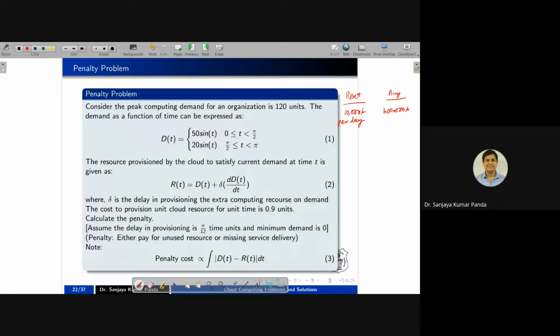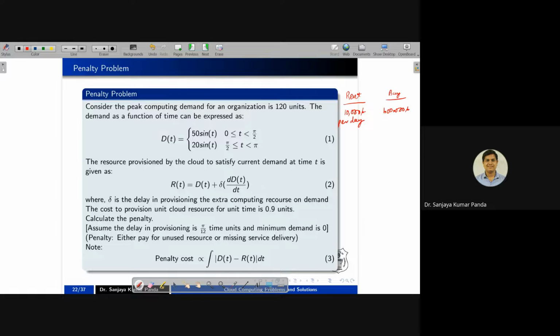And it is observed that you are not sure how many days you need a particular car. If you rent a car per day, you have to pay 10,000 rupees. If you buy a car, let's say the cost is 1 lakh rupees, and it will be available throughout your lifetime, or let's say 5 years or 10 years, whatever the life period of a car.